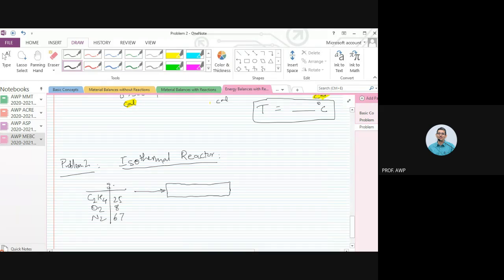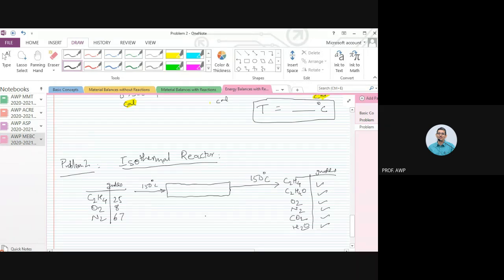These many gram moles come in at 150 degrees centigrade. Unreacted ethylene, ethylene oxide, unreacted oxygen, nitrogen inert, CO2, water, all these gram moles. These we already know, everything we know. And because it is isothermal, temperature will be 150 degrees centigrade.